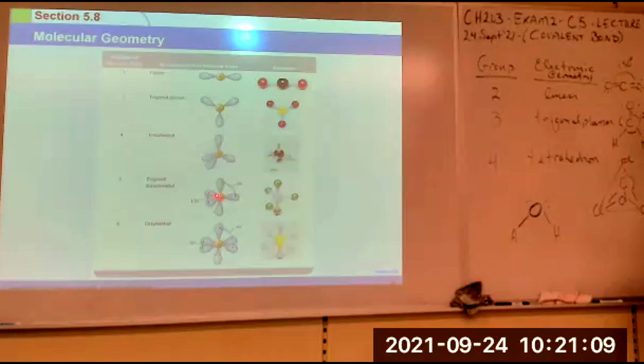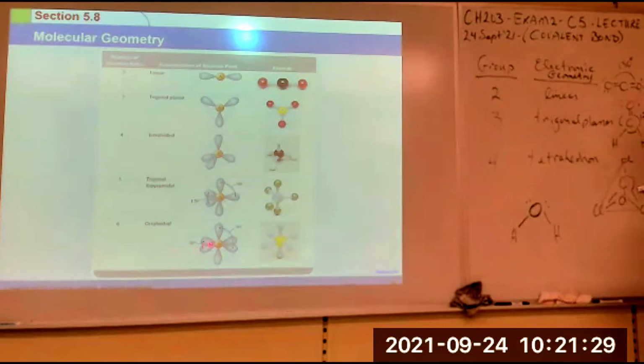But if you put 2 of those butt to butt, then you get your tetrahedron down here. Well, actually, you don't get a tetrahedron because it's got a trigonal base in the middle and then the 2 apexes here. So this trigonal bipyramidal is for 5 electron groups.